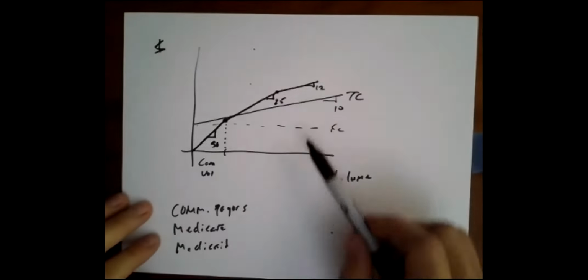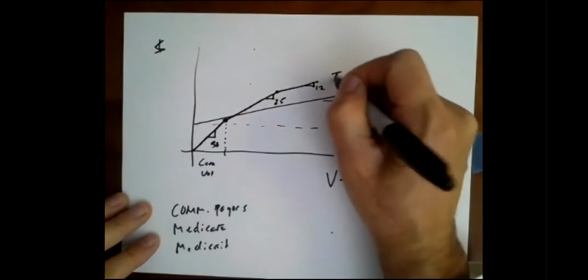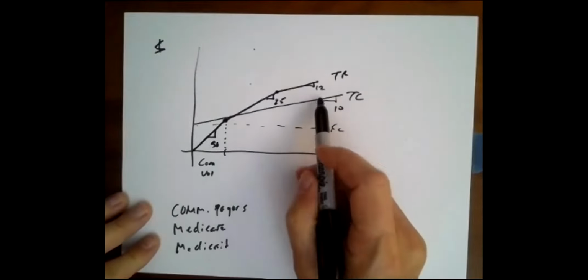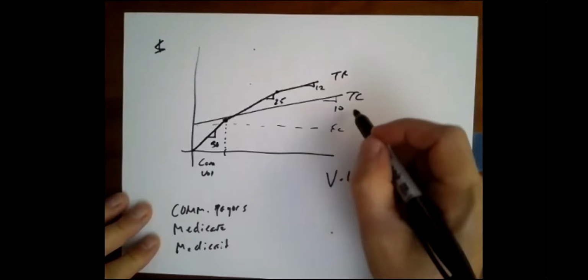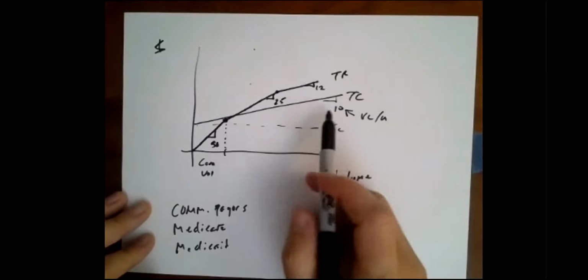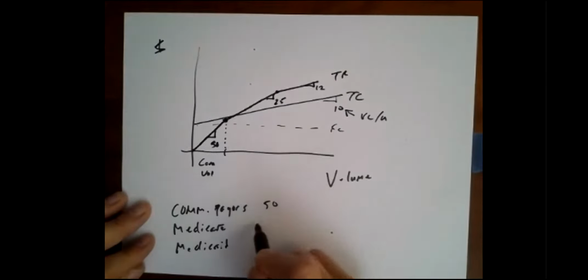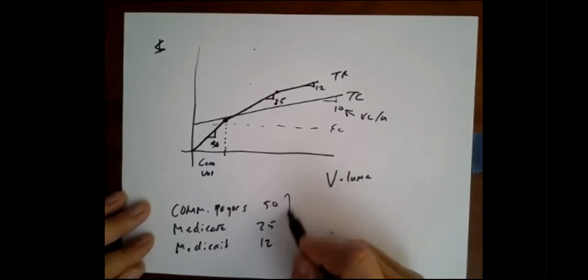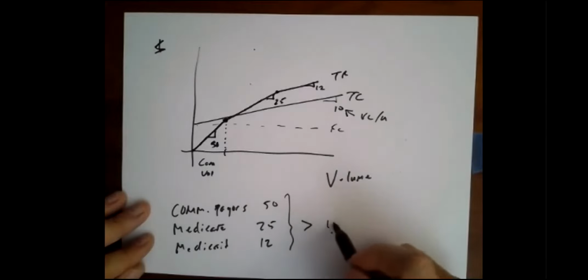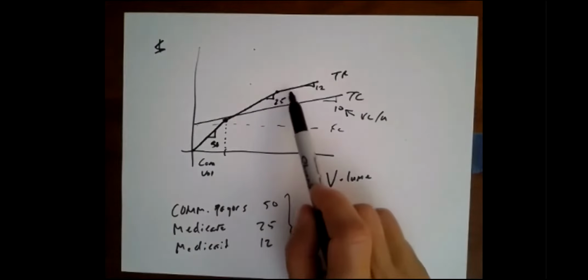So now going back to our drawing here, as long as this is total revenue, as long as the revenue per unit is greater than the variable cost per unit, that's my variable cost per unit, as long as the slope of my revenue curve for each of these, so this was 50, 25, and 12, we said, as long as these are all greater than 10, then we should take that additional volume, right?